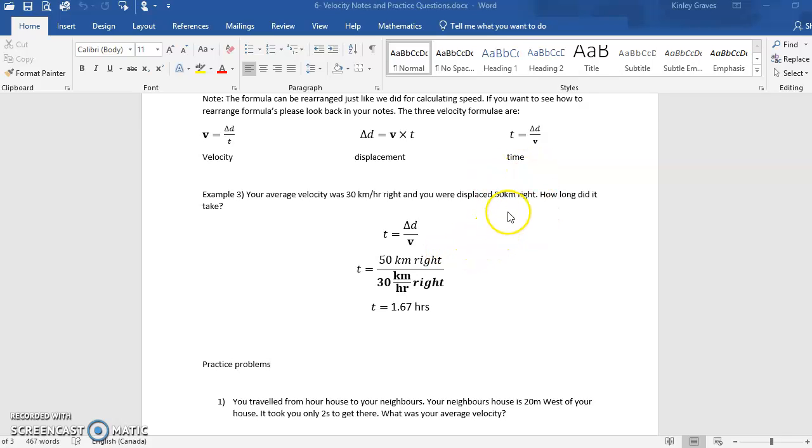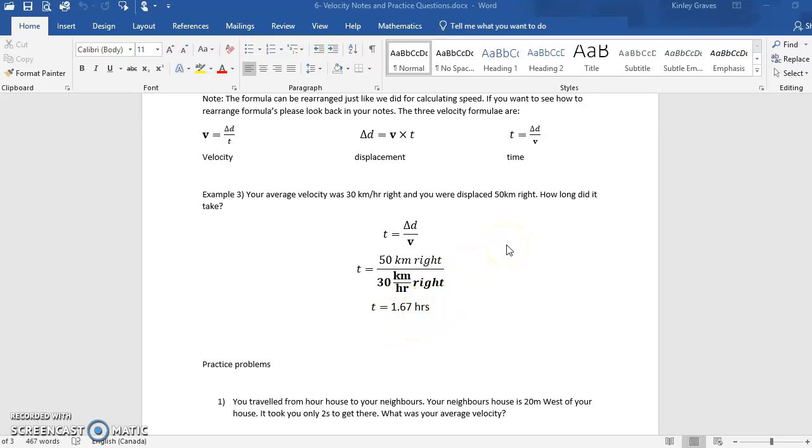We had a displacement of 50 kilometers to the right, so we fill that in. And then we had a velocity of 30 kilometers per hour right, so we fill that in as well. So out of all this, our kilometers cancel out, our direction cancels out, and we're left with 1.67 hours because that was our time used in our velocity. So we know that it was hours.